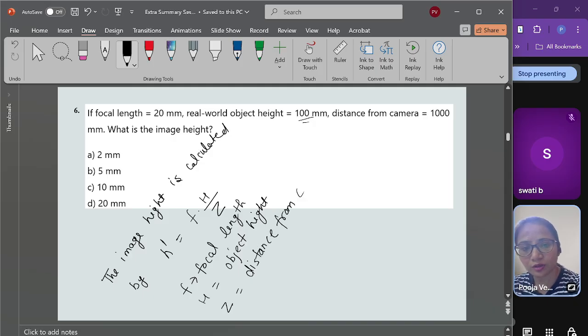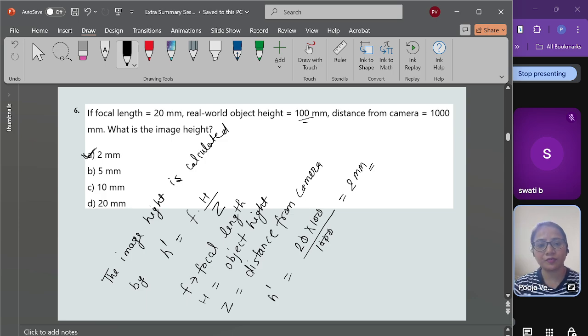Just put the values in this formula and you will get the image height. h dash is 20 millimeters times 100 divided by 1000, which gives 2 millimeters. The image height is 2 millimeters. So option A is the correct answer for this question.